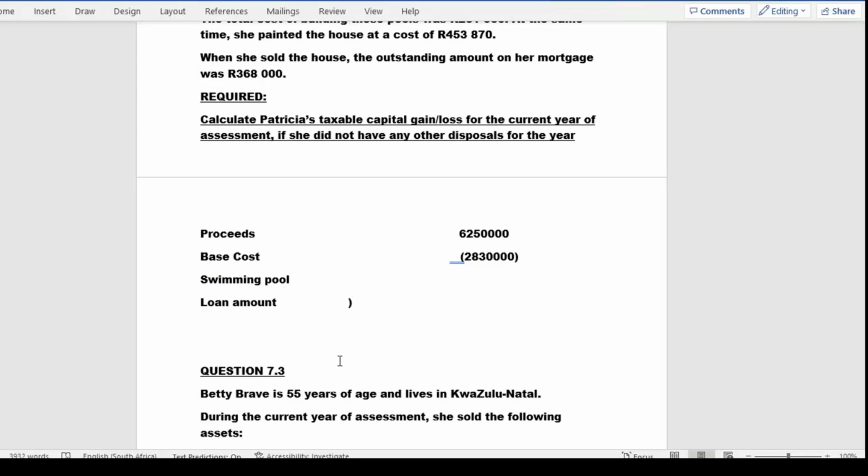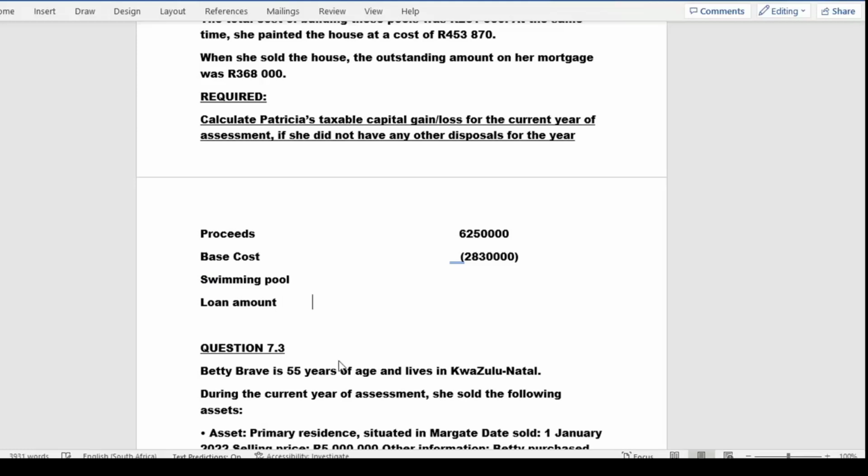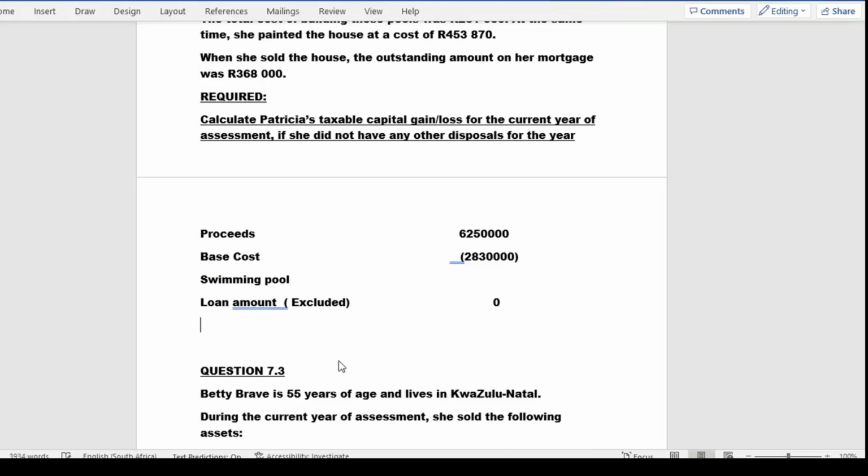So you can just say excluded, and obviously you're going to have a nil. And there was a painting. Is it included or excluded? Out of the cost? Then you're just going to say no.